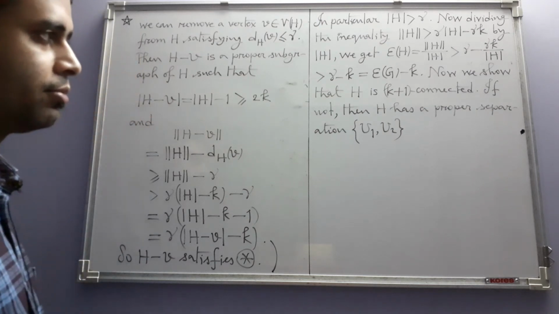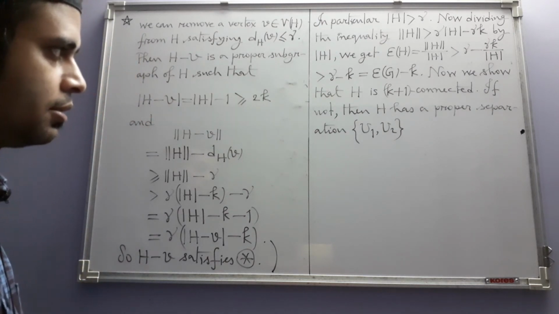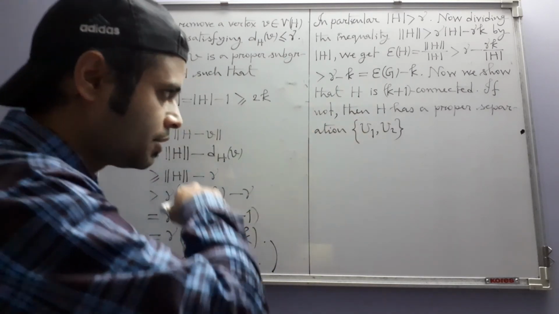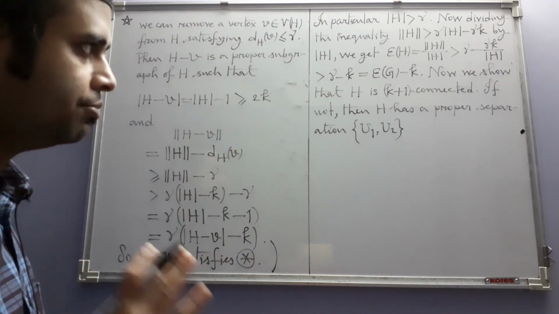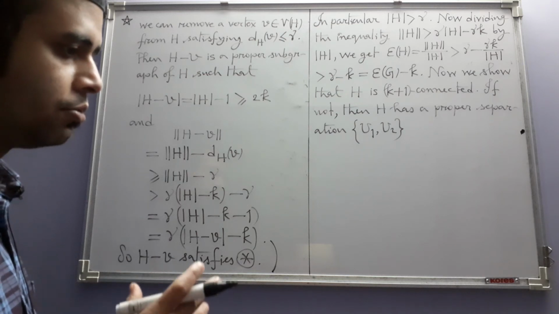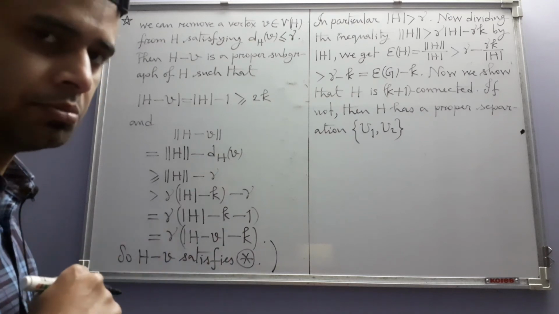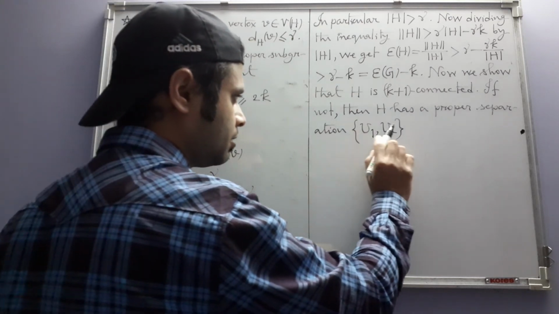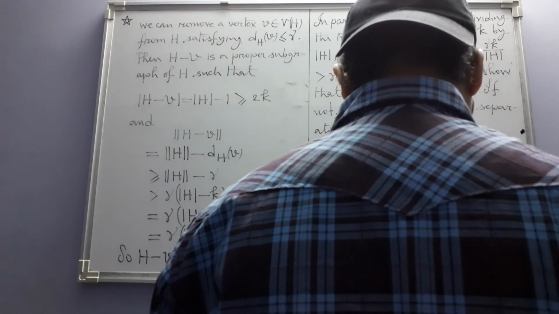When we have disconnection after removing a set of vertices, then we will have a proper separation where these are sets of vertices whose union is V by the definition of a separation, and whose intersection is the set that is being removed, and none of them is empty.